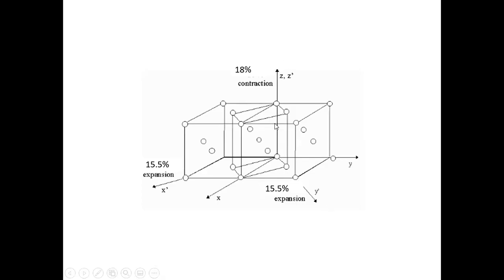But the z direction is the same. So roughly speaking, we need 80% of compression along the z direction, and 15.5% of expansion along the two diagonals. This is how you apply what we obtained from the previous analysis to the actual structure.